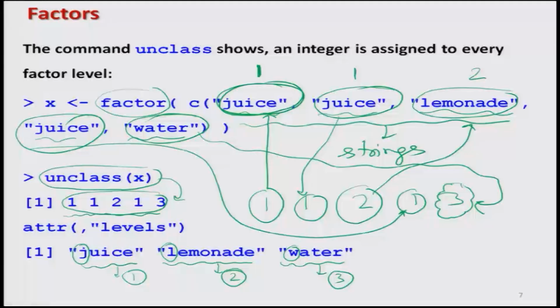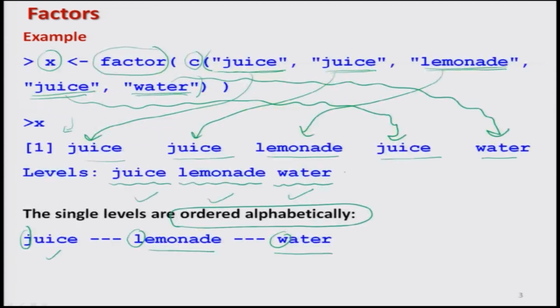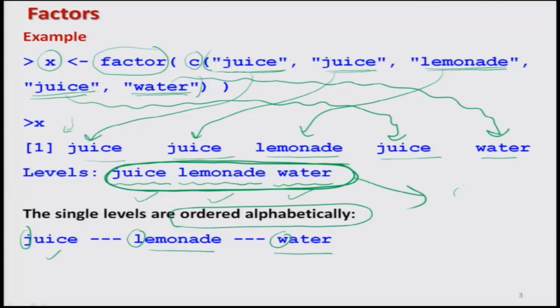For example, you can see in this outcome what are the labels that we had obtained, and these labels were juice, lemonade and water. This choice was made automatically by the R software, and suppose I now want to change it.